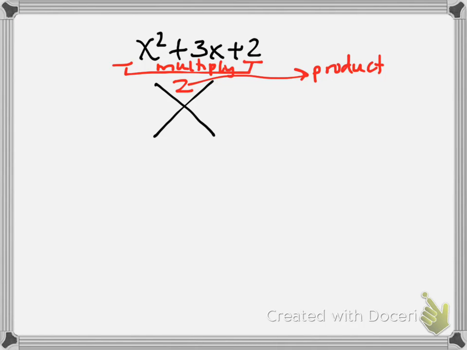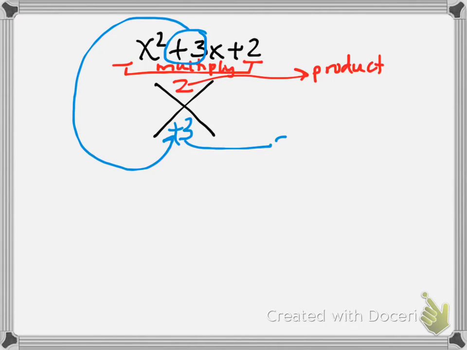So the quadratic coefficient times the third term's coefficient is the product number. Then I want you to take the coefficient of the linear term, and it's better to include the sign. And it's going to go down here. It's called the sum.